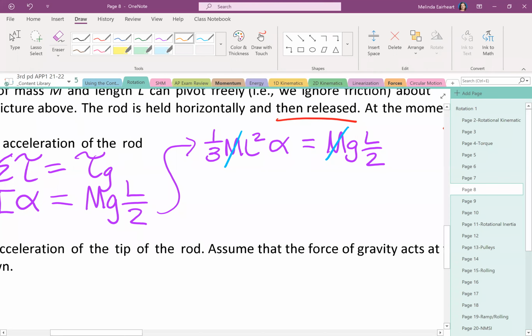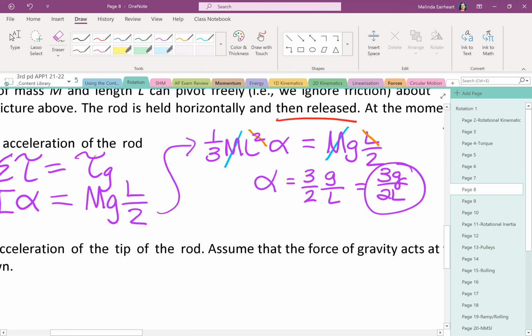L squared on the left, the square goes away, and the L in the numerator on the right cancels out. We're solving for alpha, so we want to multiply both sides by 3. Our fraction can be written as 3/2. Then I have g in the numerator, and I have to divide by L. If you just want to write it as 3g over 2L, that's alpha.